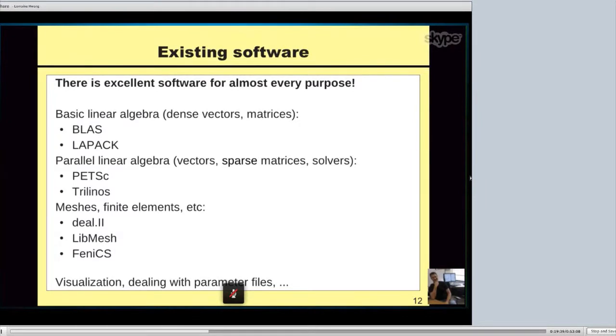Now, before I talk about the specifics of these packages, I do want to come back to the question of why we would actually want to use existing software. Because whenever we talk to people from fields where this isn't so normal yet, so in many disciplines, people still develop their own software.